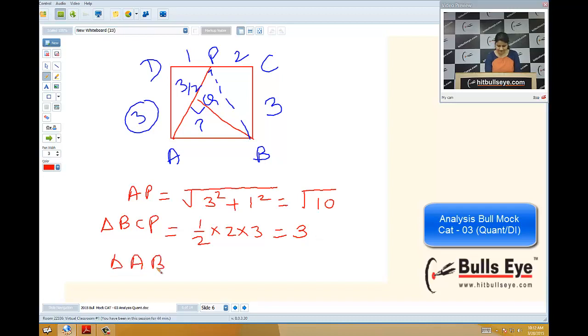Similarly, triangle ABP area will be left with 9, the total area, minus these two triangles, 3/2 and 3. So we are left with 9/2. Is it okay with you? So ABP's area will be 9/2.